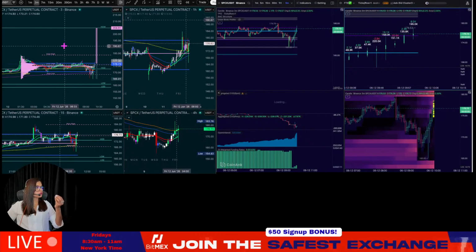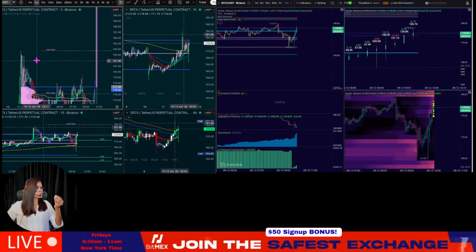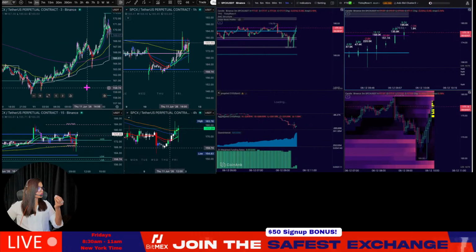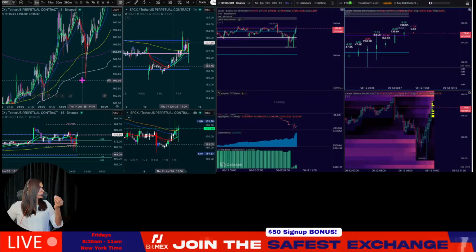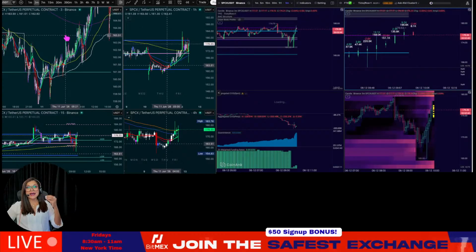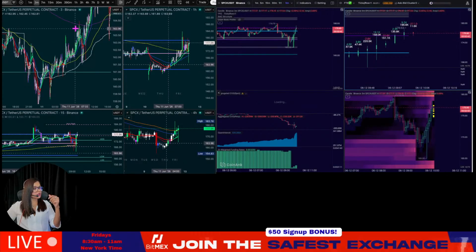All right. So for what we would like to see now, here's a great example of a BOS. I'll just show you here. Here is a market structure break over here. And each time there is another higher high for an uptrend, that tells me that it's a continuation.